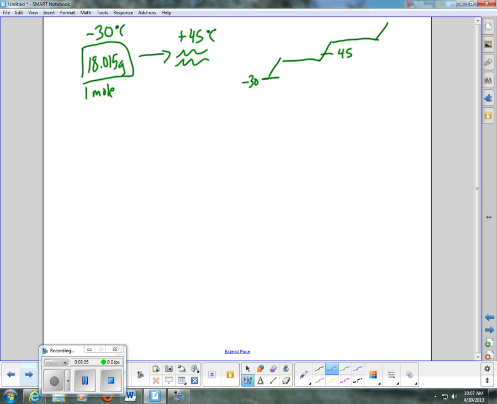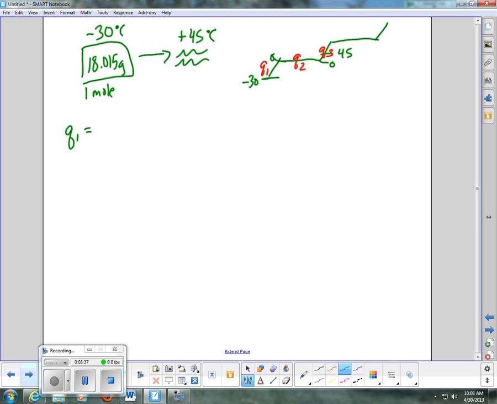So I'm going to have Q1, Q2, and Q3. I have to break it up because every time I hit another stage, I go from negative 30 to 0, then 0 to 0 where I change from solid to liquid, and 0 up to 45. So I'm going to have 3 Qs. Let's look at the first Q, Q1.